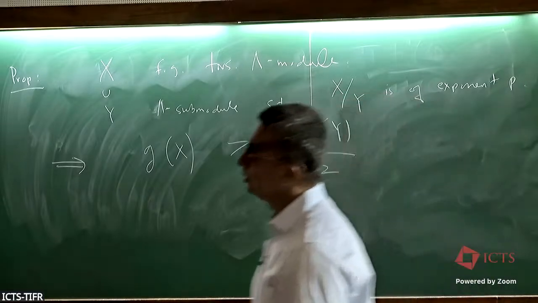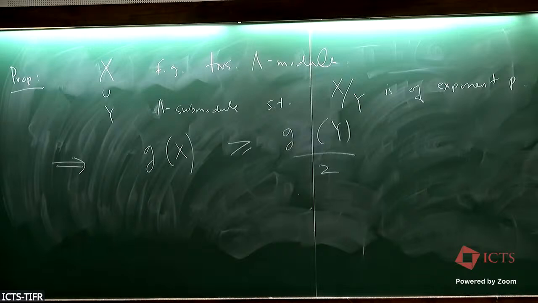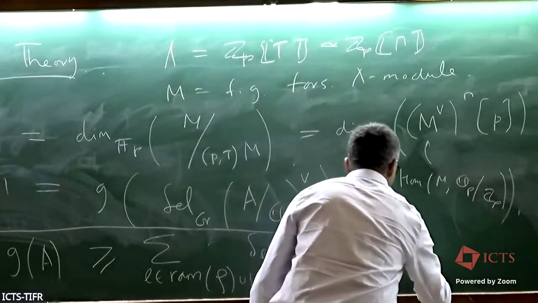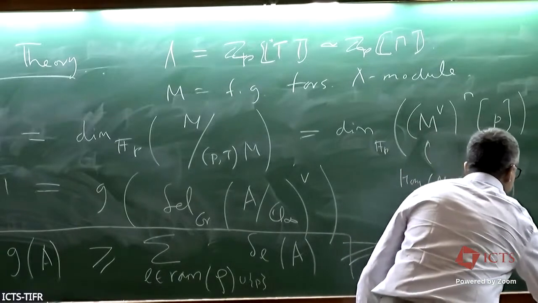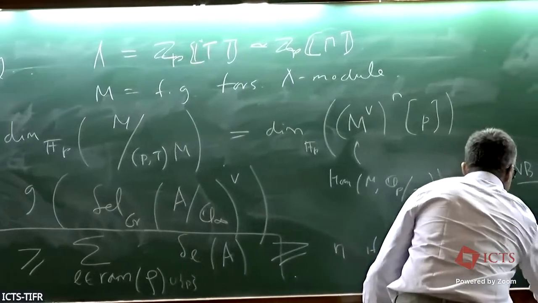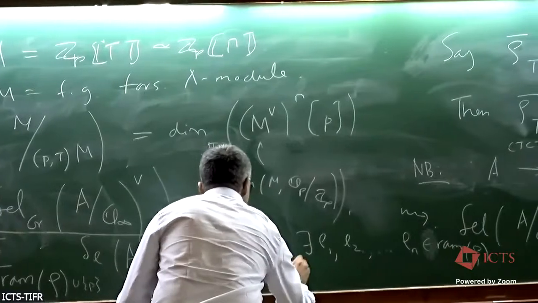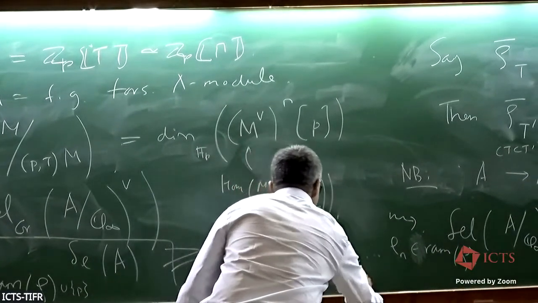Okay, so what do we want to do? We already have this bound. And so trivial fact, this is greater than or equal to N if there exist primes L1, L2, ..., Ln in the ramification locus such that delta Li of A is greater than 0.